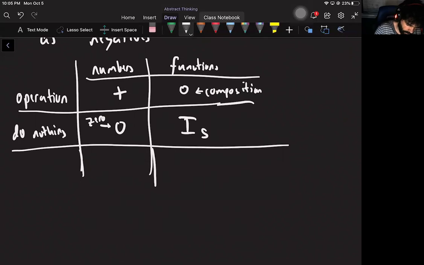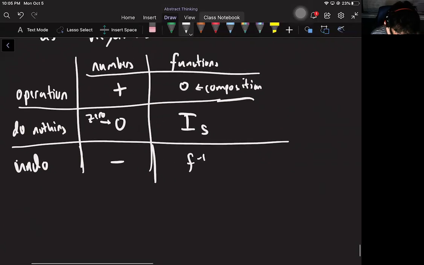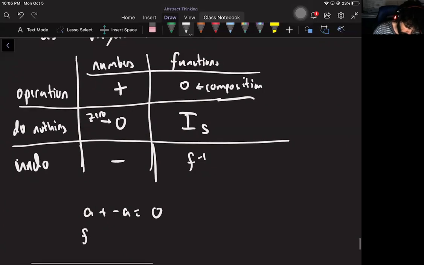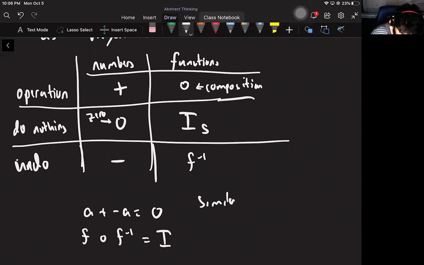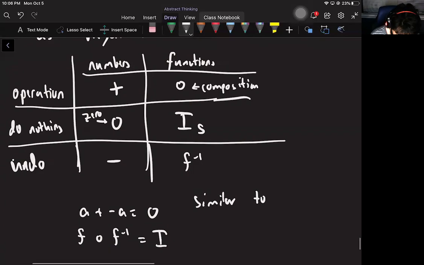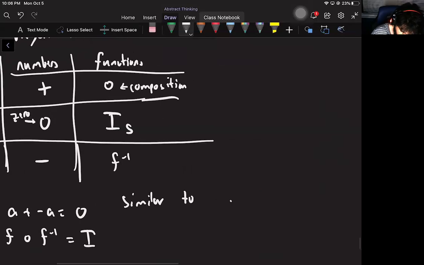And then to undo something, for numbers, it's the negative. And for functions, it's the inverse function. And they all work sort of the same, right? Because a plus negative a gets you to the do nothing number, and f composed with f inverse gets you to the do nothing function. You could also think of the other operation for numbers that you're familiar with, which is multiplication.